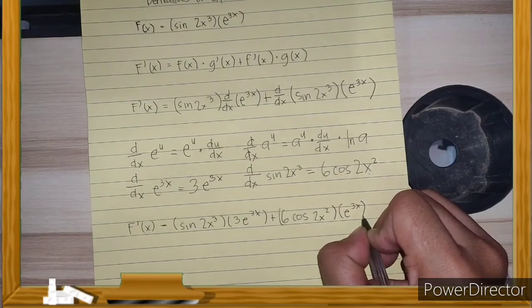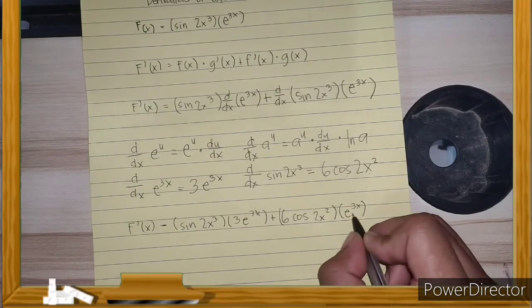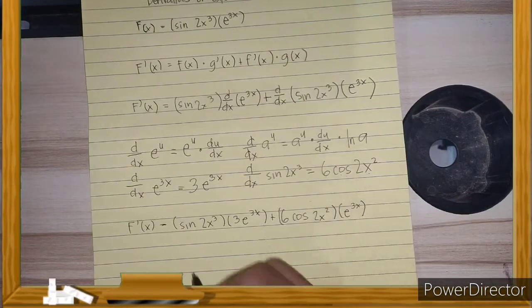So the next and the last thing we need to do is factor out e raised to 3x.